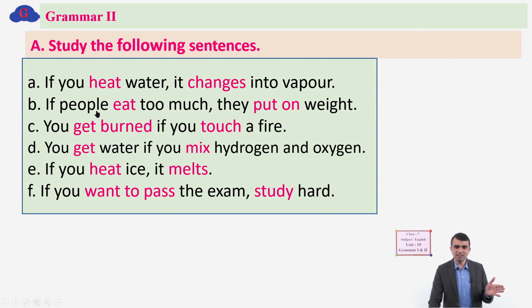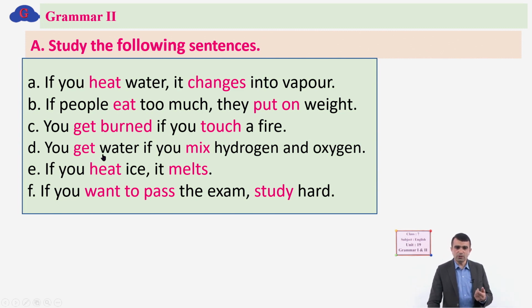Now, in the second sentence, if people eat too much, they put on weight. Put on weight means become heavy. Eat, put on. Which tense? Which aspect? Present simple. Here also, get burned is the passive form of present simple, isn't it? And you touch a fire is also present simple.